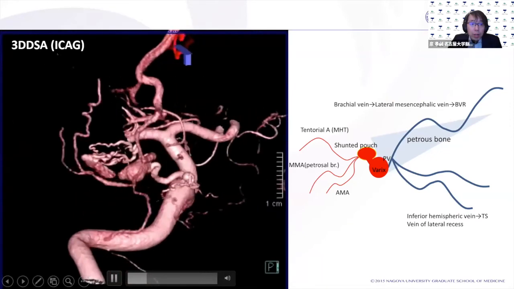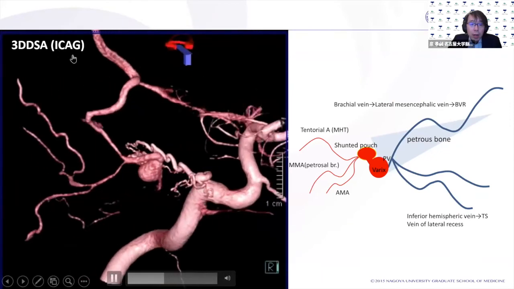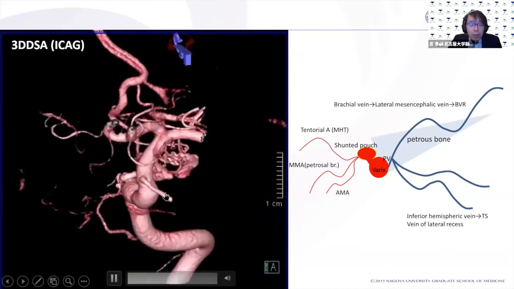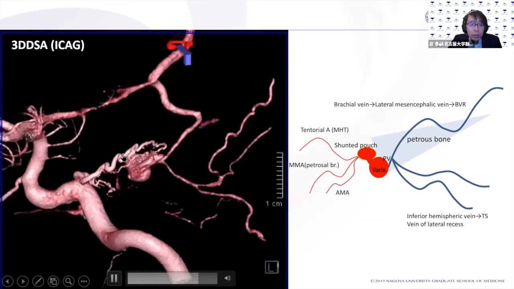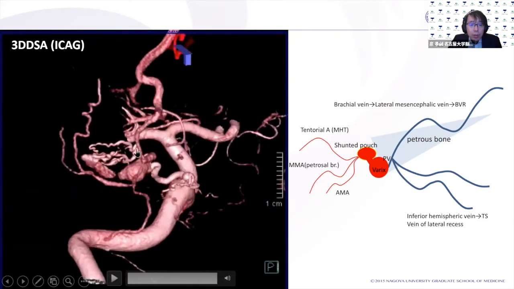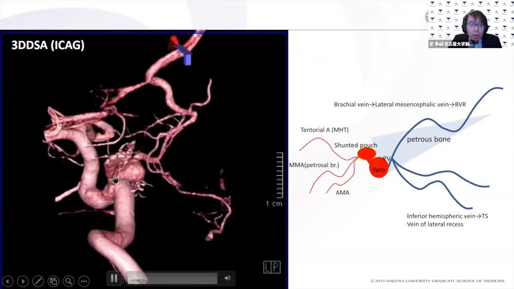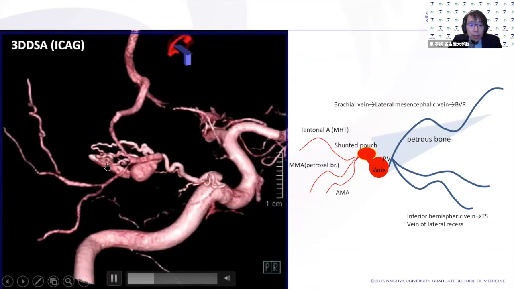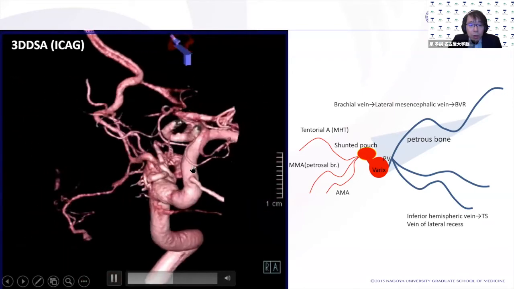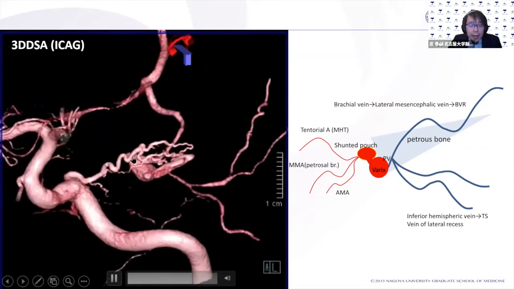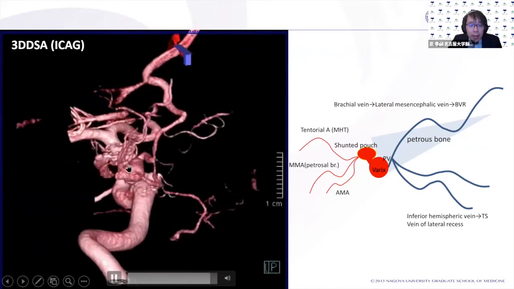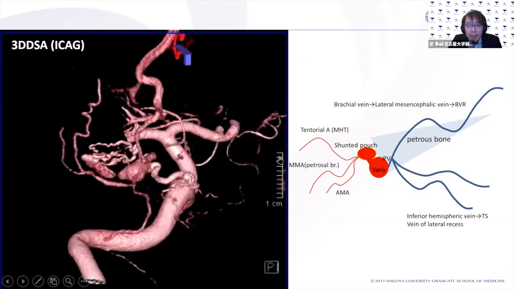Here the 3D DSA of the ICA. We can see the feeders and the drainers, and shunted pouches here draining to the petrosal vein. The original petrosal vein makes a varix here.